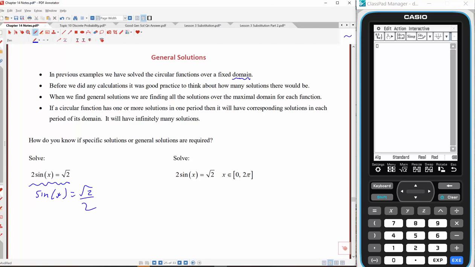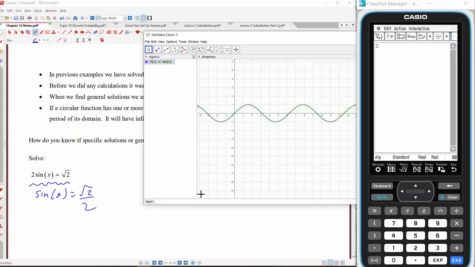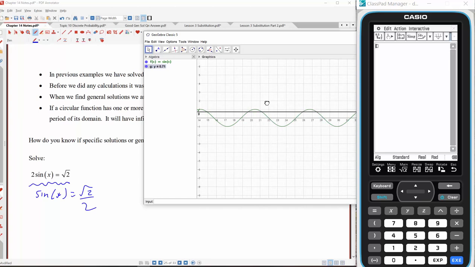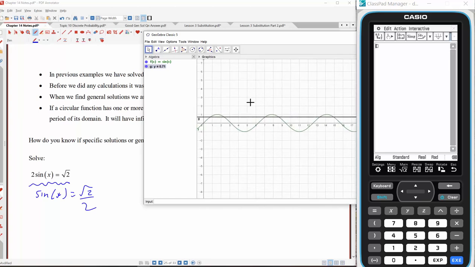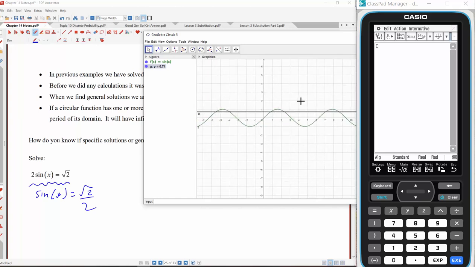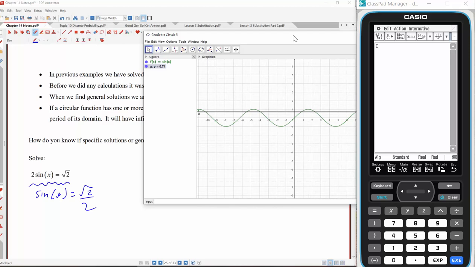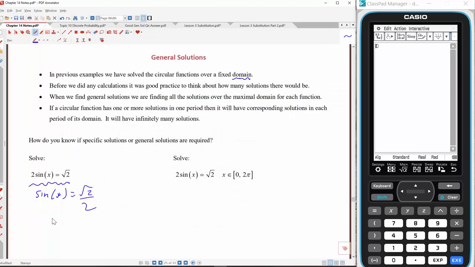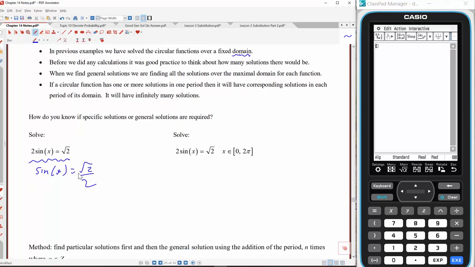So when is the sine x function equal to the line y equals square root 2 over 2? You notice there that it happens really, really often. In fact, it happens an infinite number of times in the positive direction and the negative direction. So it's extremely difficult to provide all of the solutions one after another, and we use a different way to do it.